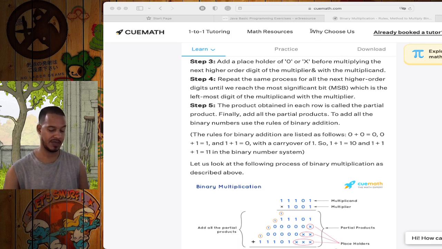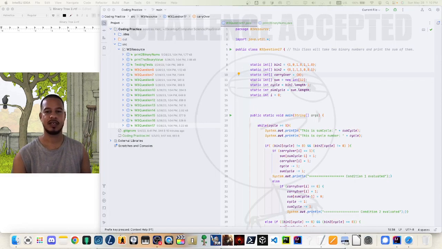Now, let's look at the class, because I didn't show you.